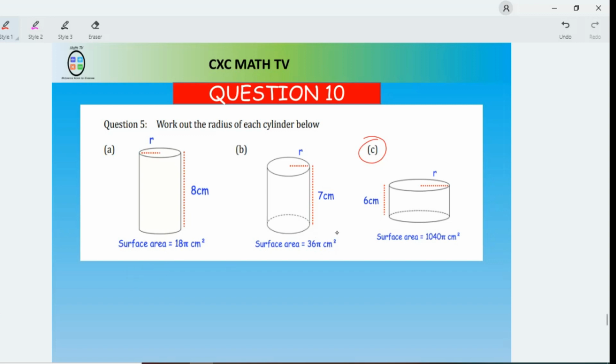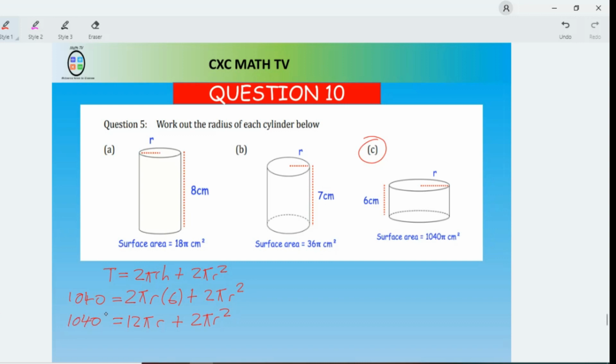Okay, let's go. In doing this question, total surface area is what? 2 pi RH plus 2 pi R squared. So that's 1040 pi equals 2 pi times the radius r times the height of 6 plus 2 pi r squared. Seems like it's going to be challenging, right? But let's continue. 2 times 6 is 12, so we get 12 pi r plus, radius we don't know, 2 pi r squared equals 1040 pi.